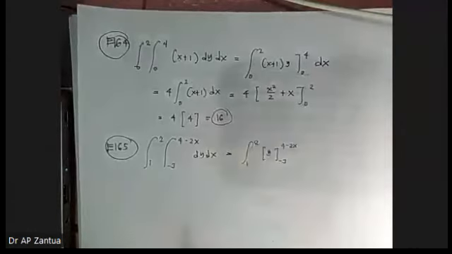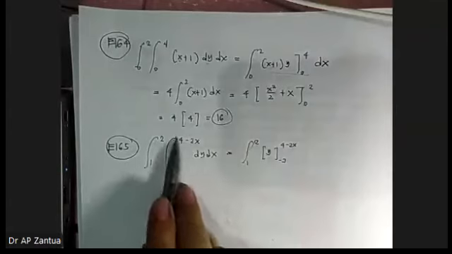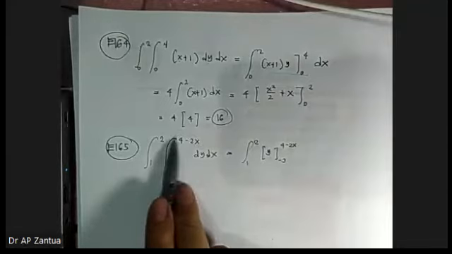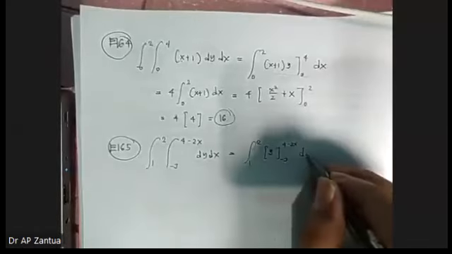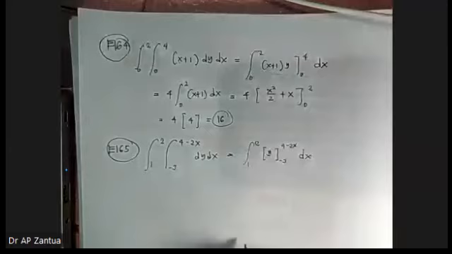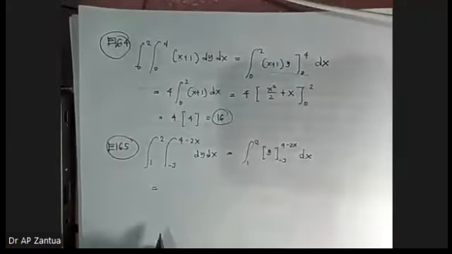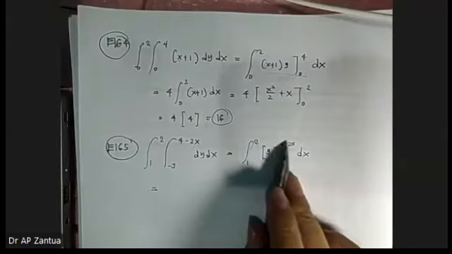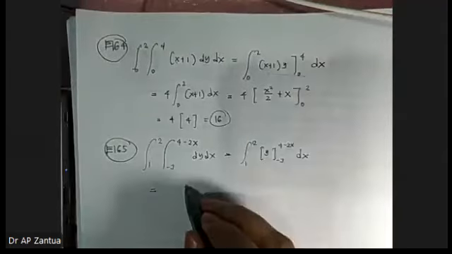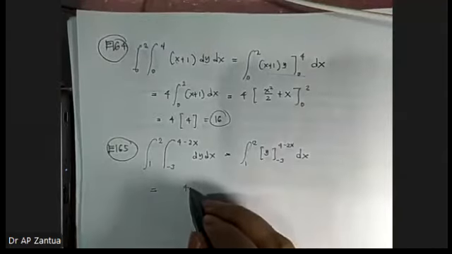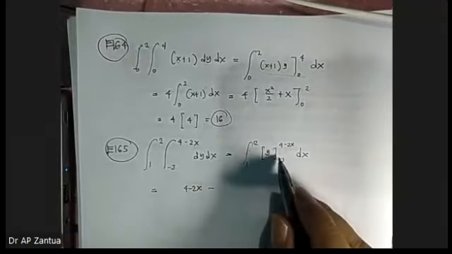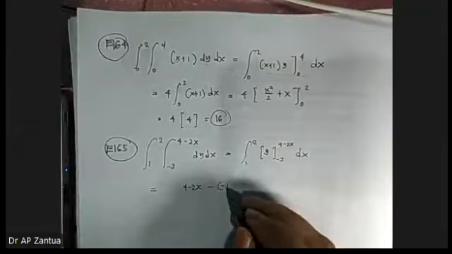Right now, we have an upper limit which is a function. It's not a constant. There is a function, no? So it is possible. There's no problem about that. Just integrate properly. Evaluate. Substitute the upper limit, that is 4 minus 2x, minus, then substitute the lower limit, that is negative 3.